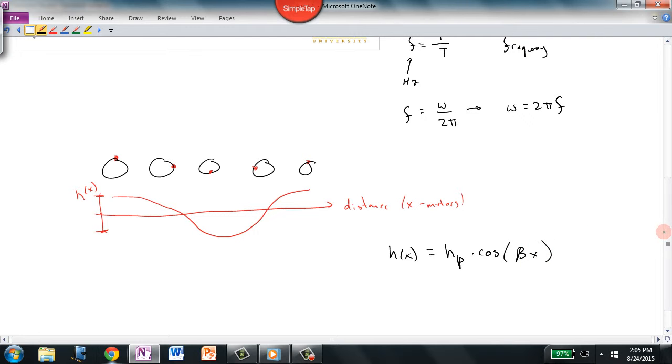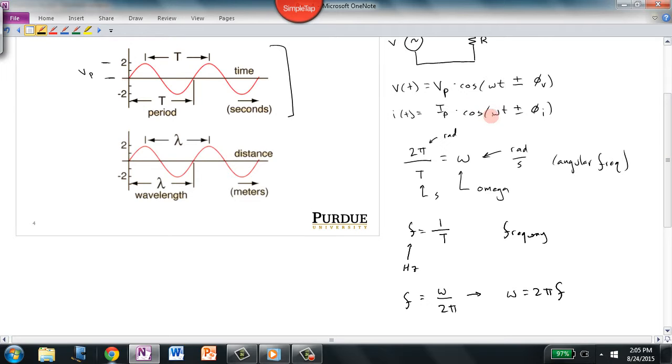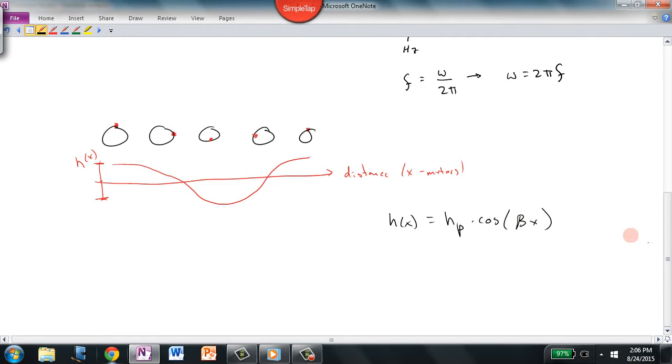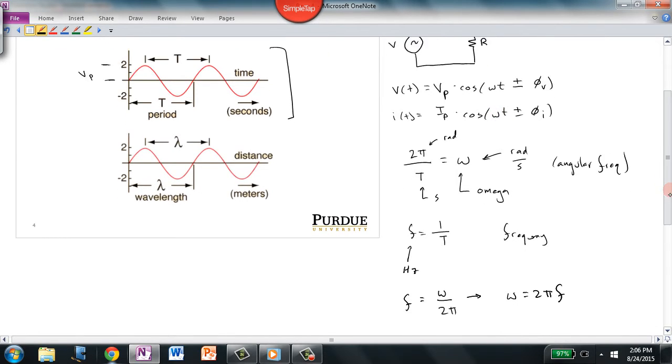Well, what is beta? I thought we were talking about lambda here. Well, remember, in the cosine function, we put angular frequency, not period. So beta is the spatial analog to angular frequency.